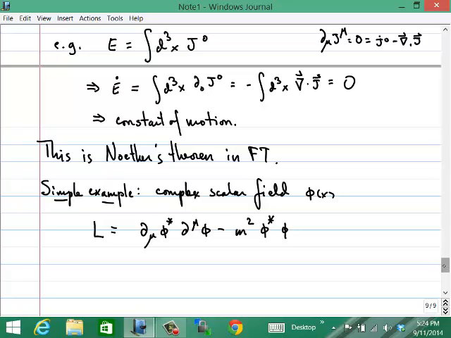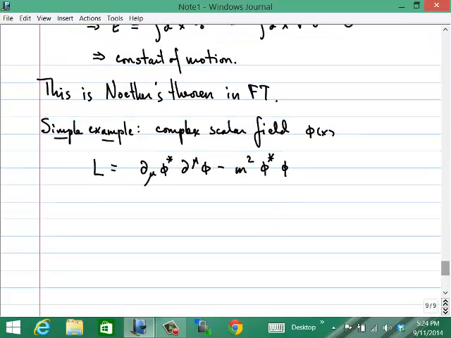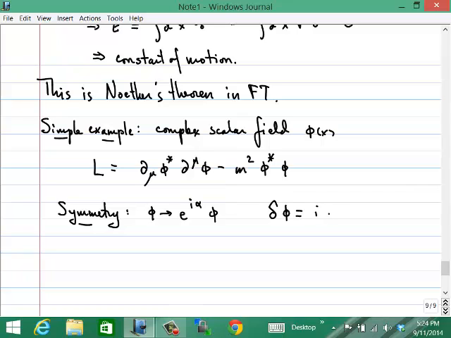Because I chose my action to be real, this has a symmetry where phi goes to e to the i alpha phi. So at linear order, this means that delta phi is equal to i alpha phi.